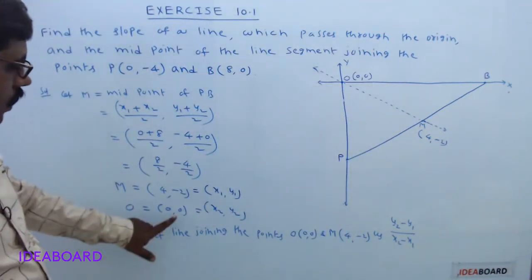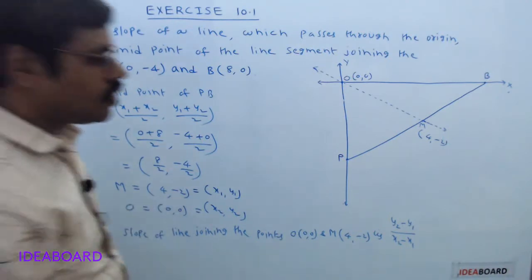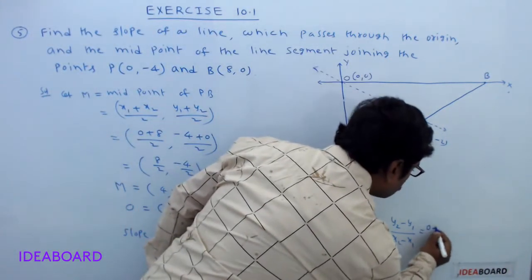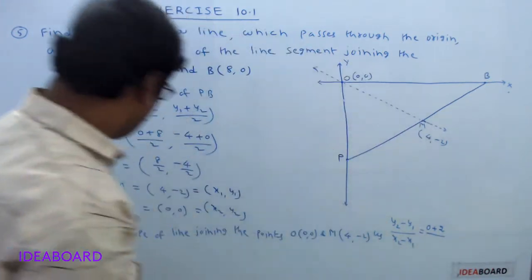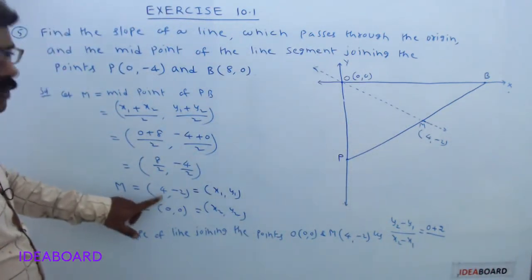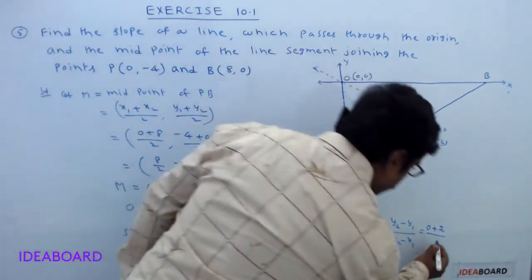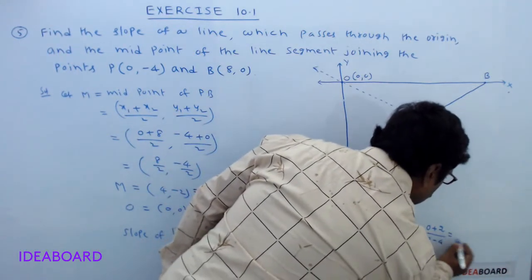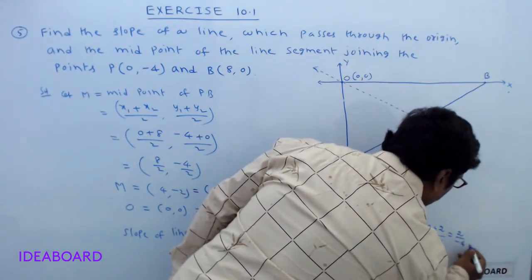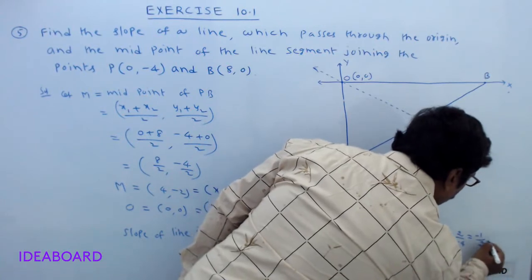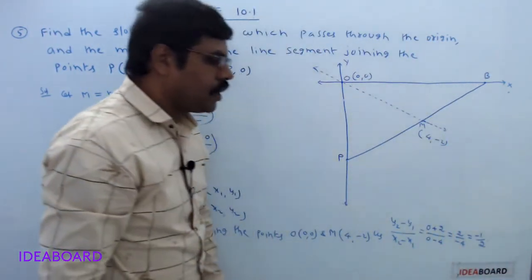So y2 minus y1, 0 minus of -2, that is 0 plus 2, divided by x2 minus x1, 0 minus 4. So this is 2 divided by -4. Finally, it will be -1 divided by 2.